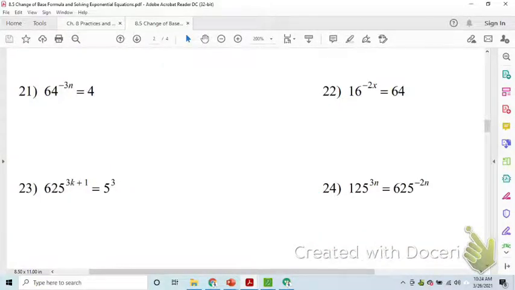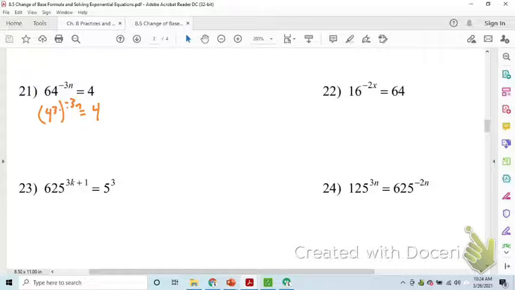Now a very similar problem on number 21, because we have 4 here, and that's to the first power, and this is 64 to the negative 3n. So 64 just by itself is 4 to the third, but that's to the negative 3n power. So if I'm rewriting that 64 as a power of 4, this is what I have. Now this is a power of a power.